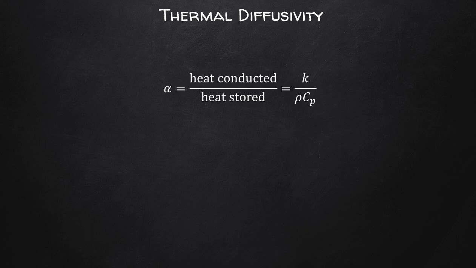Okay, so it doesn't transfer heat that readily, and so thermal diffusivity can tell us how readily heat is being conducted versus how much heat is being stored up in substances.